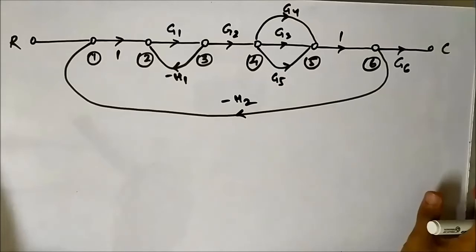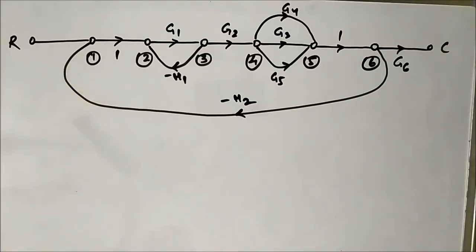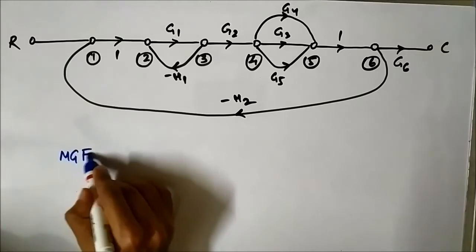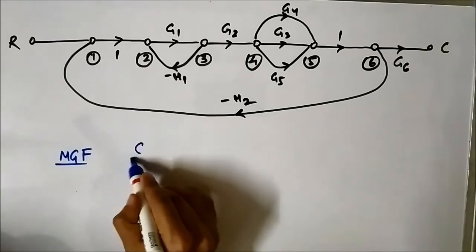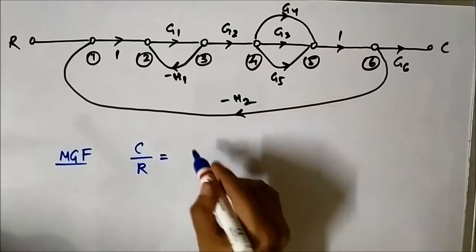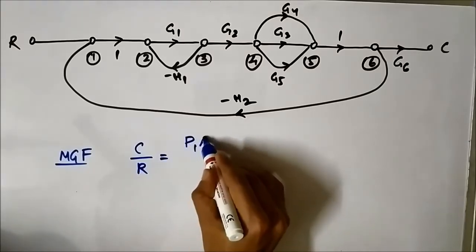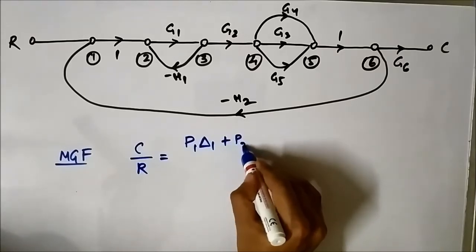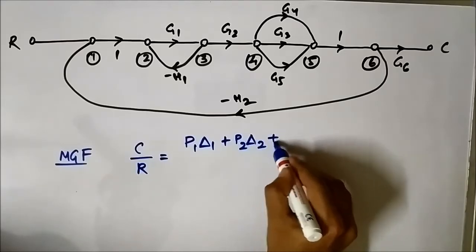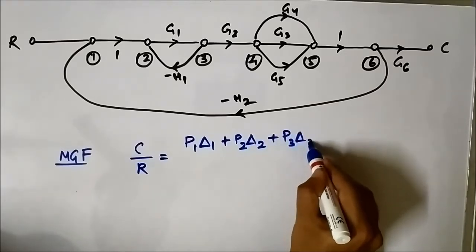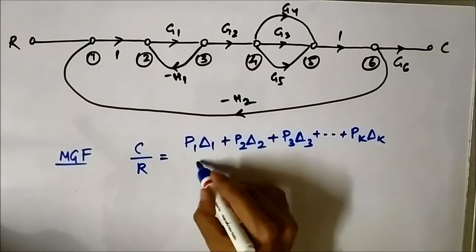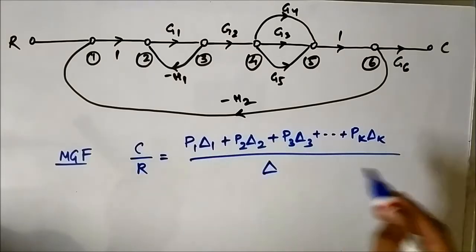As I have already discussed in the previous two questions, the transfer function, output by input, is given by the product of the individual forward path gains and path factors, divided by the graph determinant.